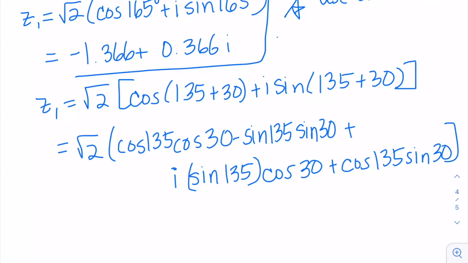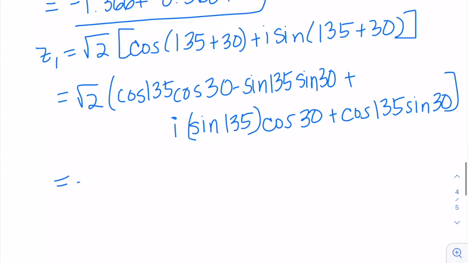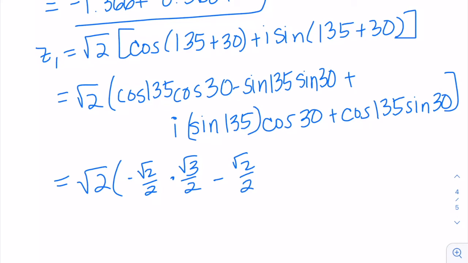So I'm going to write this out. So we have square root of 2. Cosine of 135, that's just going to be -√2 over 2. And then cosine of 30 is √3 over 2. Minus sine of 135, that's going to be positive √2 over 2 times the sine of 30, so that's 1/2 times there.